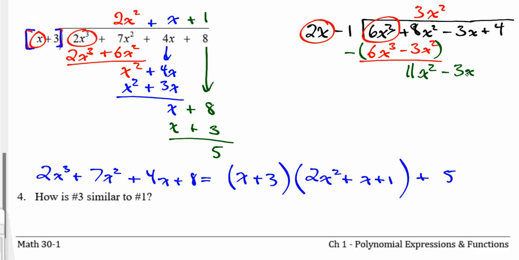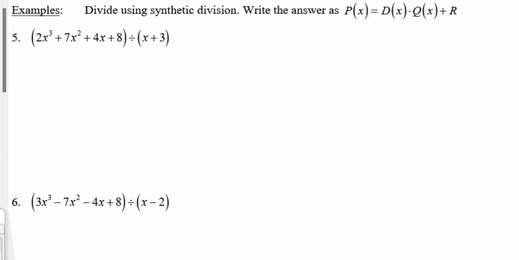We're going to look at a different way of doing division. So we have the same polynomial, same divisor, but we're going to look at this strategy called synthetic division. Synthetic division only works for dividing a polynomial by a binomial that's degree 1.